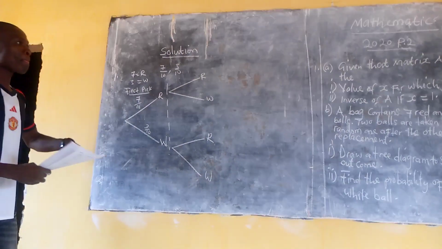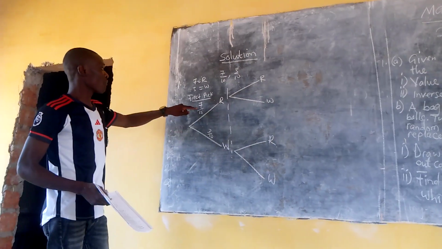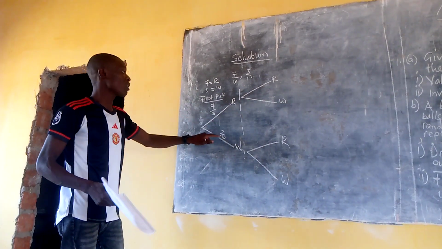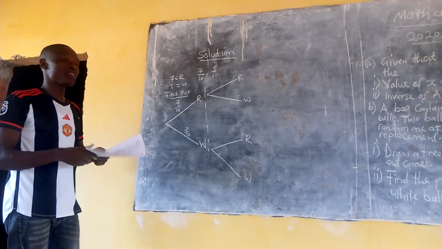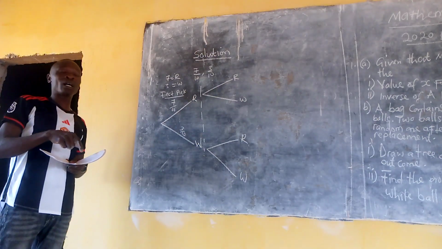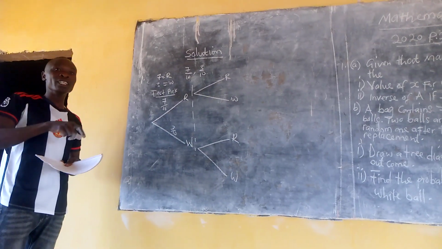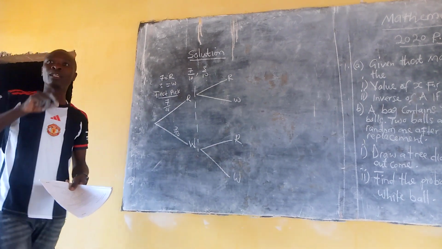This is the second picking. So we have got 7 over 10, 3 over 10. Now for the second picking, in that bag there were 7 red balls. In this case, 1 ball has been picked out of the bag without replacing.